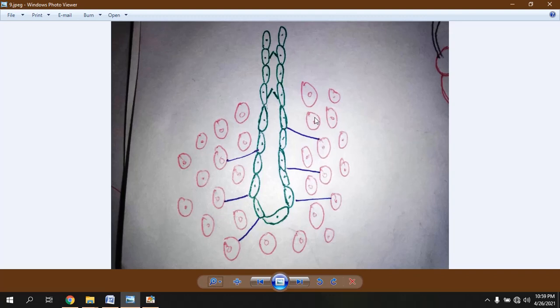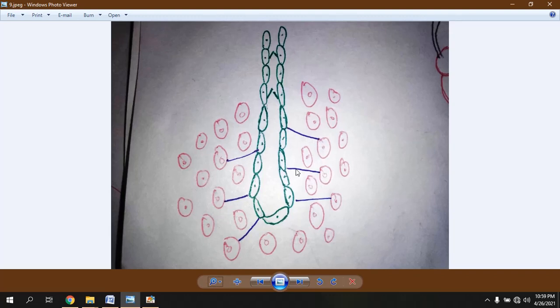These are the cells, this is the interstitial space, and this is the lymphatic capillary. The cells of the lymphatic capillary are connected on one side with the surrounding cells with the help of fibrous elastic tissue, elastic fiber.